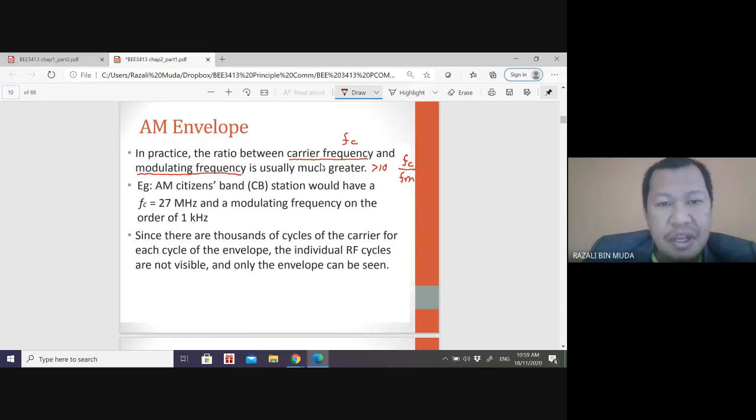For example, an AM Citizens Band, CB, station would have a carrier frequency of 27 MHz and a modulating frequency on the order of 1 kHz. So it's not 10, lah.